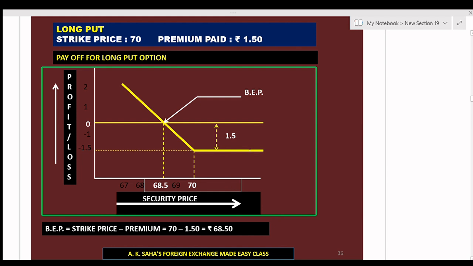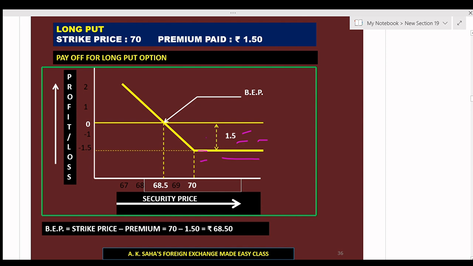In long put, if the spot price is greater than the strike price, he will not exercise his right, so he will incur a constant loss of 1.5. If it is 71, he will not exercise his right, so loss will be 1.5. If it is 72, he will not exercise his right.